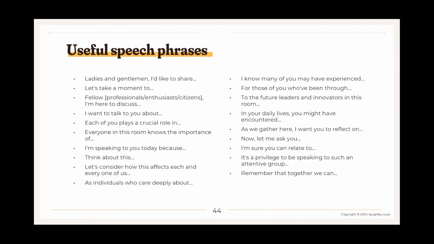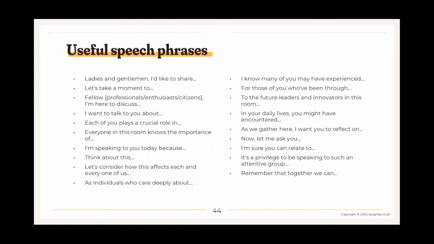Here are some useful phrases for speeches. Ladies and gentlemen, I'd like to share. Let's take a moment to. Fellow professionals, enthusiasts, citizens, I'm here to discuss. I want to talk to you about. Each of you plays a crucial role in. Everyone in this room knows the importance of. I'm speaking to you today because. Think about this. Let's consider how this affects each and every one of us.